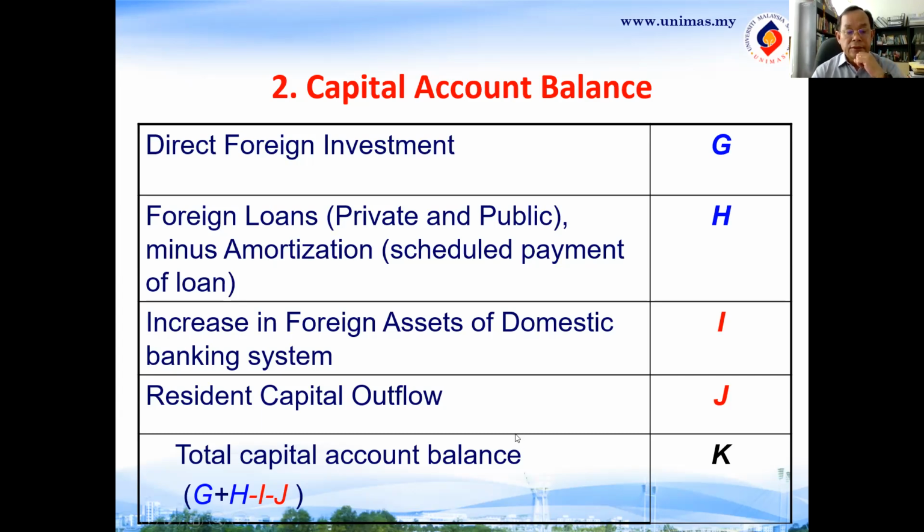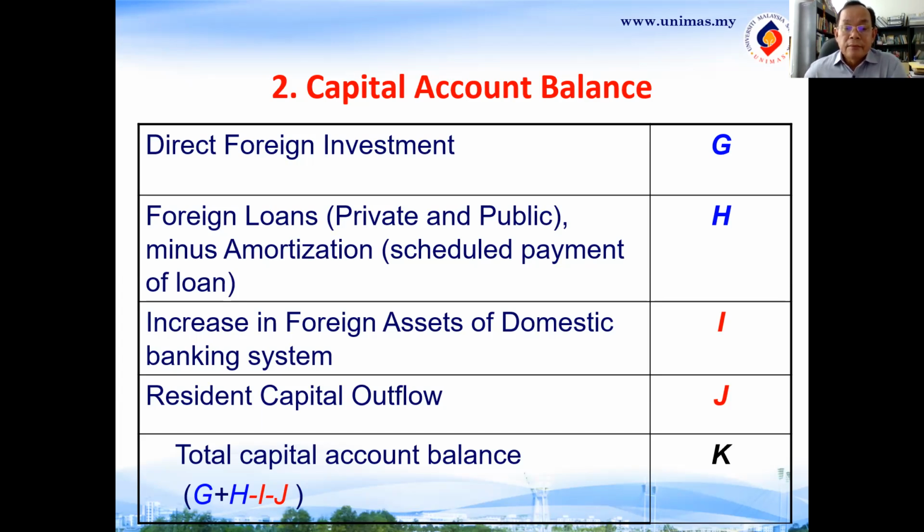This is actually the money that is flowing out of the country, either the residents or local people investing abroad or keeping money abroad. So the total capital account balance would be G plus H minus I minus J, and that would be K. That is K, or the capital account balance.